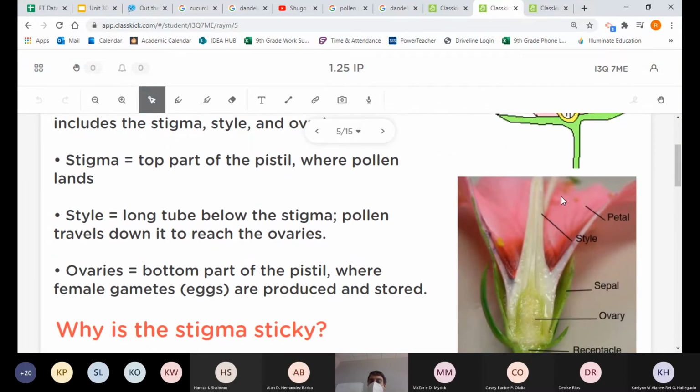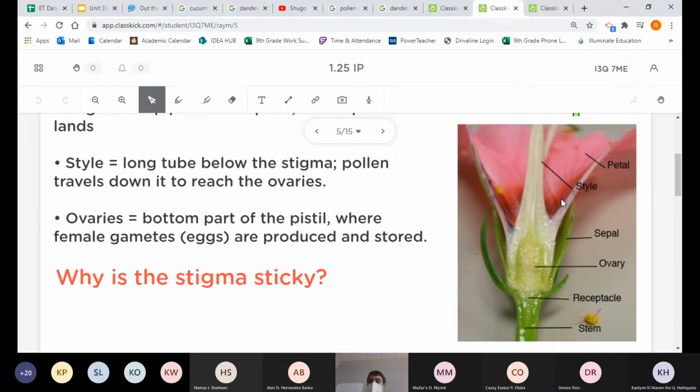If it were here in class having an actual lab, I would encourage us to dissect a flower. If you peel back the middle section with the razor, you can see it looks pretty similar. You have the sticky stigma up top, you have that shaft, which is the style, going down into the ovary, and if you're real lucky, you'll be able to see what's called the ovules, which are like the individual eggs that the plant has that are ready to be fertilized.